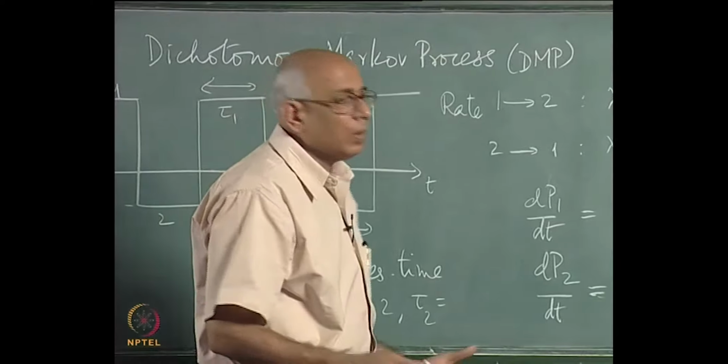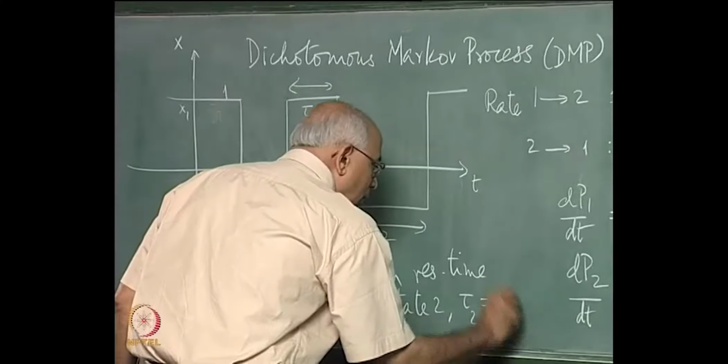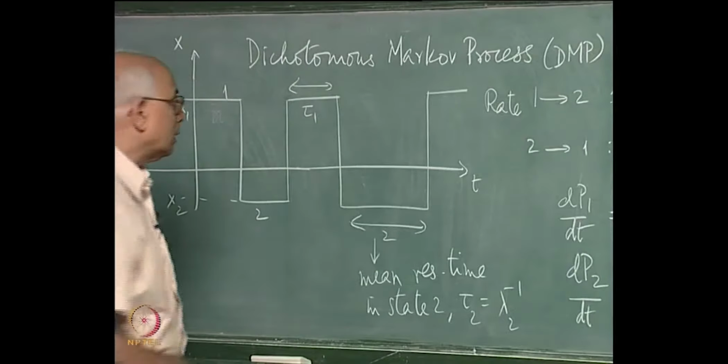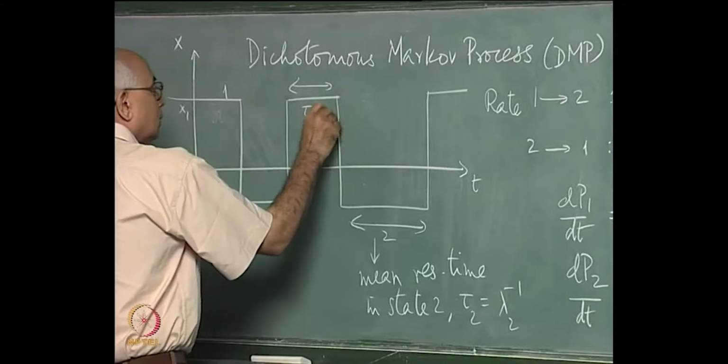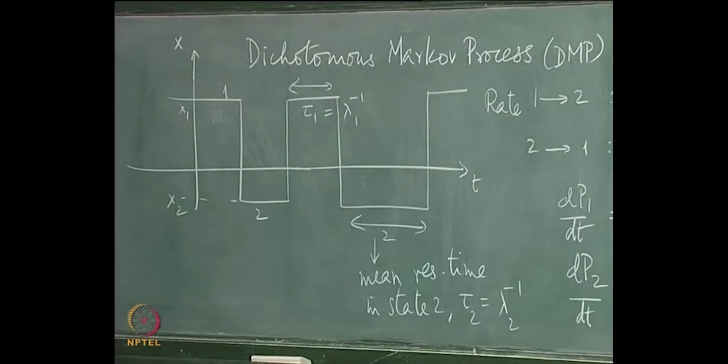Exactly, absolutely. So this thing here is lambda 2 inverse, and this is lambda 1 inverse. Lambda 1 is the rate at which it switches out of 1.